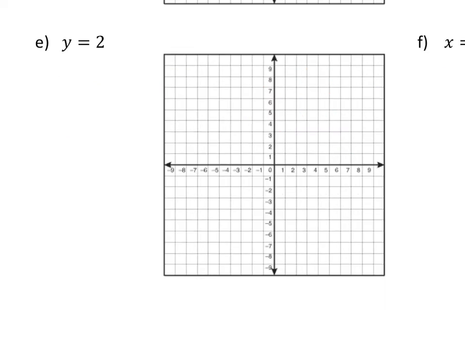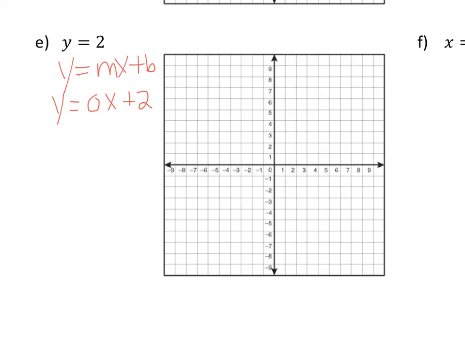Letter E, y = 2. If you remember, there was a notation up in our description that said that lines can have the equation y equals a number. These are horizontal lines that have a slope of 0. This doesn't have an x term. So y = mx + b. It doesn't have an x term, and if you remember, there'd be 0 x's plus our 2.